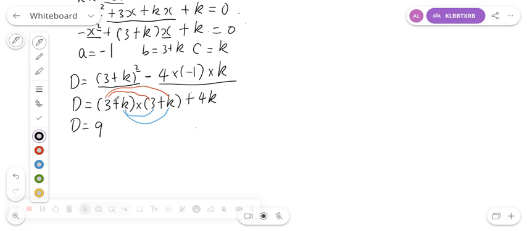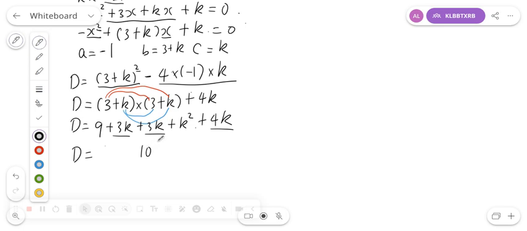So 9 plus 3k plus 3k plus k squared plus 4k. And then d equals 2. Now we can start collecting all the terms together. So we have 3k, 3k, all the like terms, and 4k. So 3k, 3k, 4k, that's 10k.